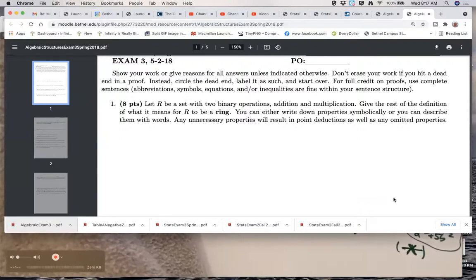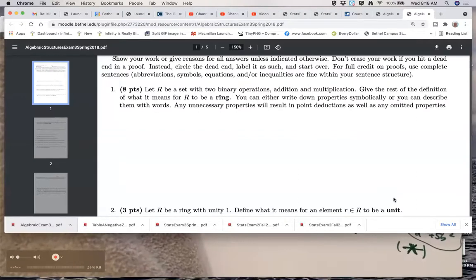Anytime we've got a ring with unity, we say, suppose R is a ring with unity. So you should not assume there's unity in your ring in the abstract definition of a ring. You should also not assume that multiplication is commutative. Anytime multiplication is assumed to be commutative, we say, let R be a commutative ring.